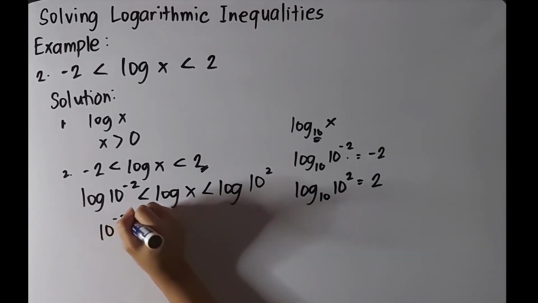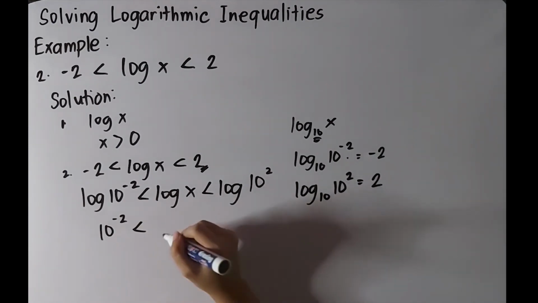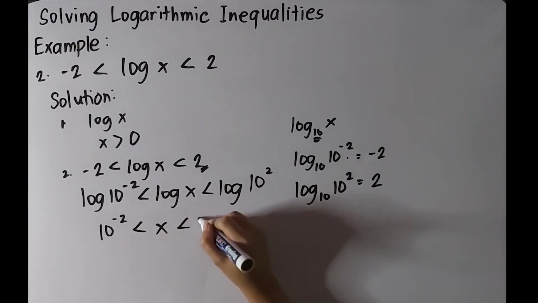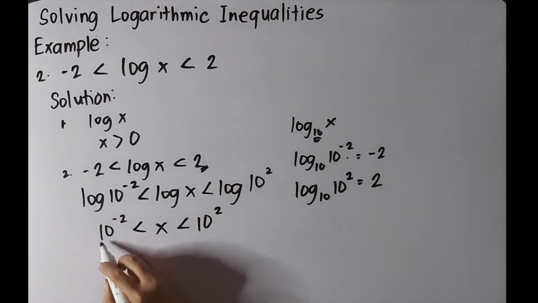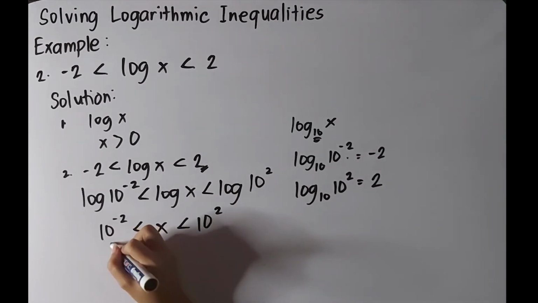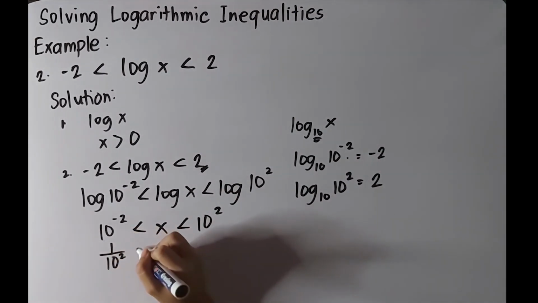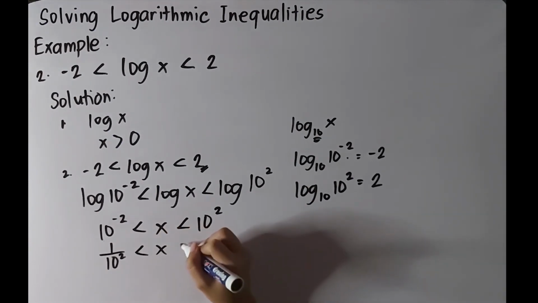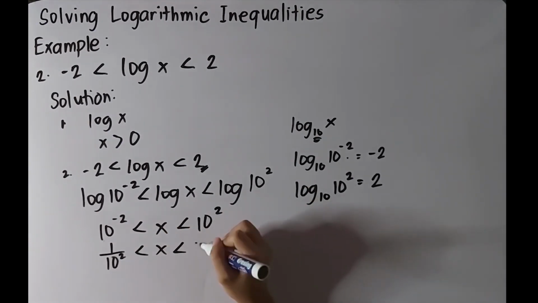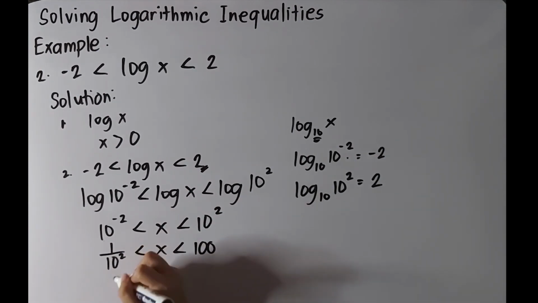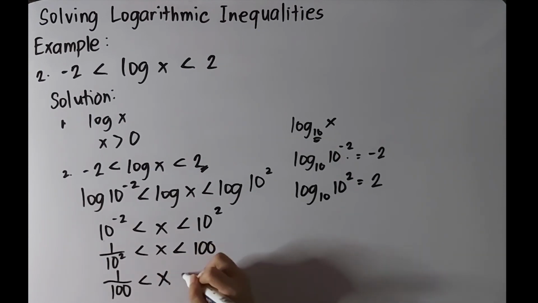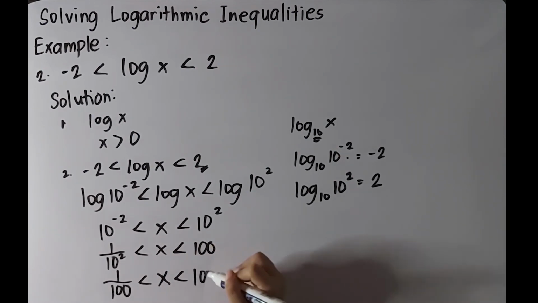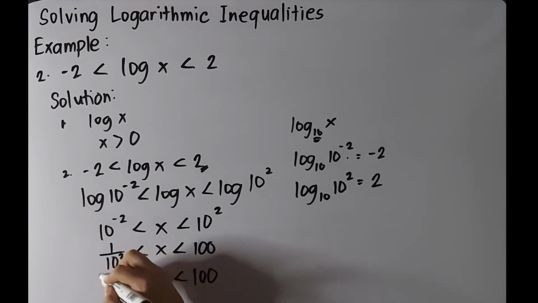So we have 10 raised to negative 2 less than x less than 10 raised to 2. 10 raised to negative 2 is 1 over 10 raised to 2, which is 1 over 100, and 10 raised to 2 is 10 times 10, which is 100. So 1 over 100 is less than x less than 100.